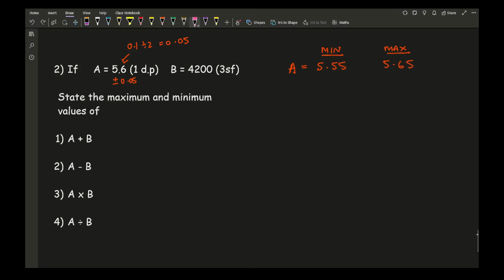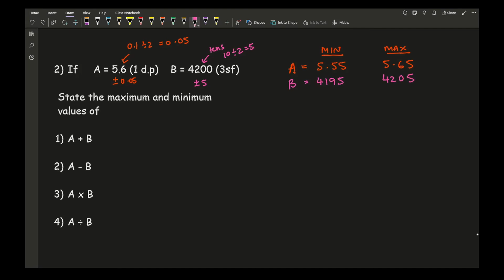Now for B, this has been rounded to 3 significant figures. The third significant figure represents tens, so if I do 10 divided by 2, that equals 5. So what I need to do is add and subtract 5 to this particular number. The minimum number that B could be is 4195, and the biggest number it's going to be is 4205.